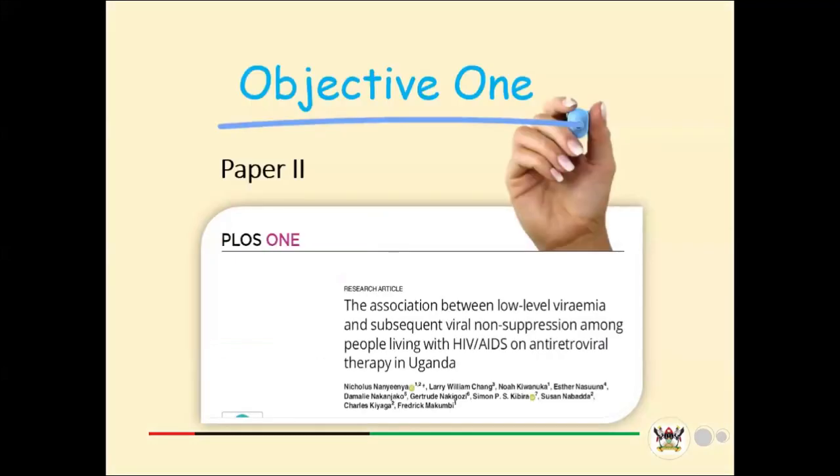And the results from our first objective were published in PLOS ONE. And when these slides are shared, I will also request members to look at these results in PLOS ONE, very insightful, but we're also going to have a brief snapshot about them.